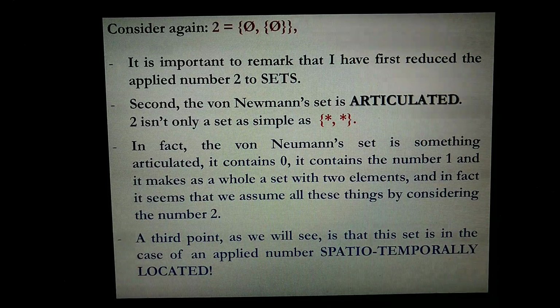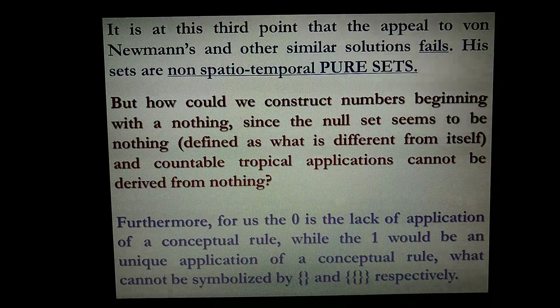A third point, as we will see, is that this set is, in the case of an applied number, spatio-temporally located. It is at this third point that the appeal to von Neumann's and other similar solutions fails. Sets are non-spatial temporal pure sets. They cannot be tropes.